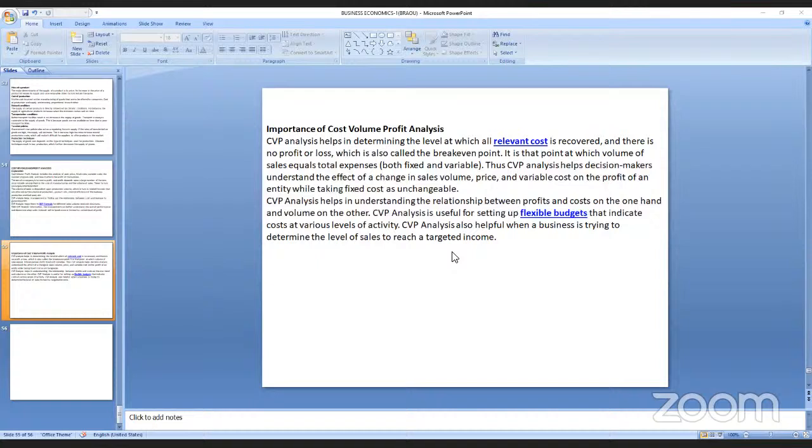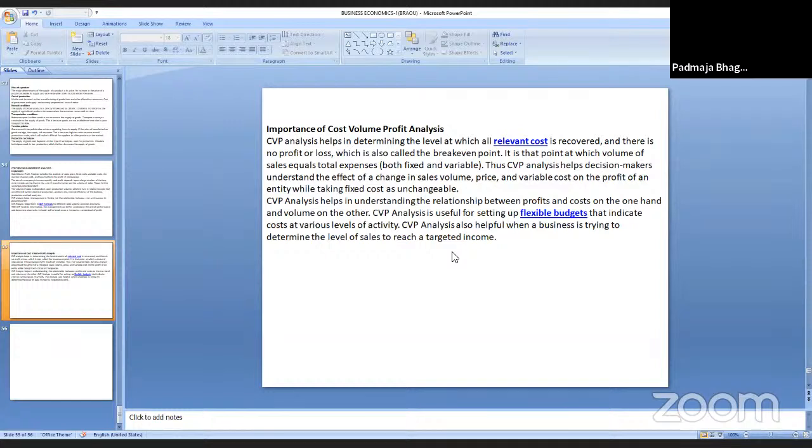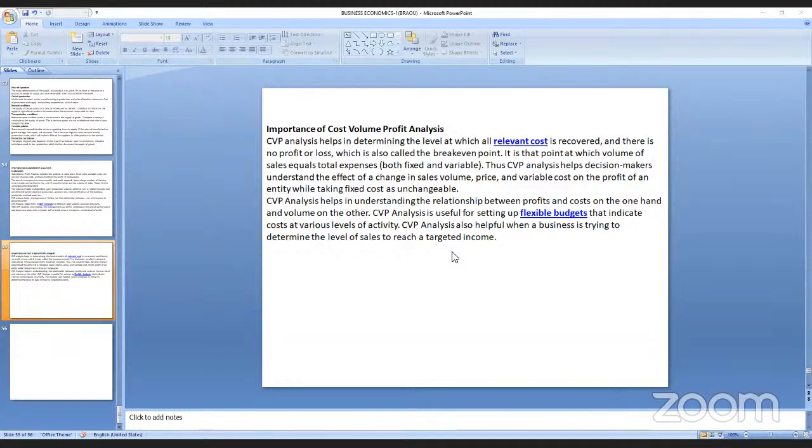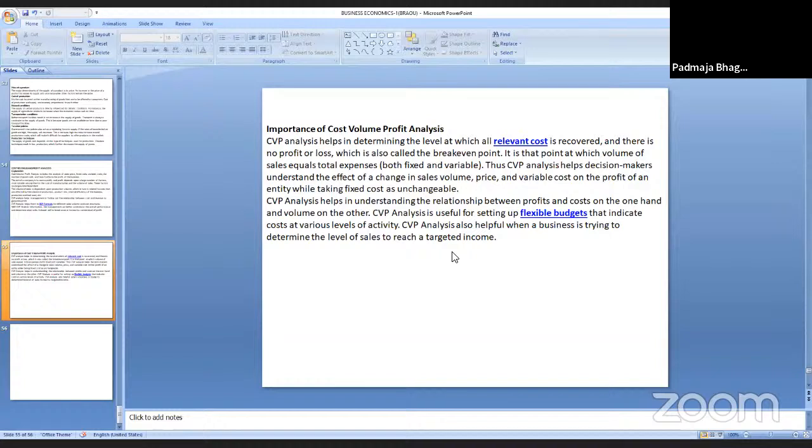Ma'am, for a long answer, the answer should be 2 pages or 3 pages minimum. Concept is very important. Concept and side headings are a must. If it is economics, diagrams are a must. If it is accounts, the tables and calculations are important.